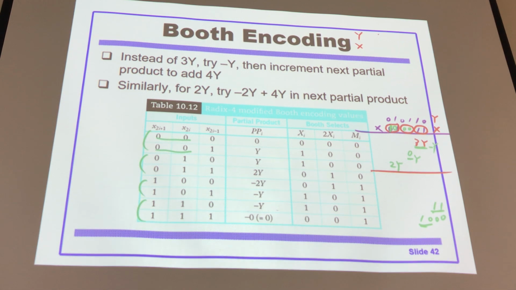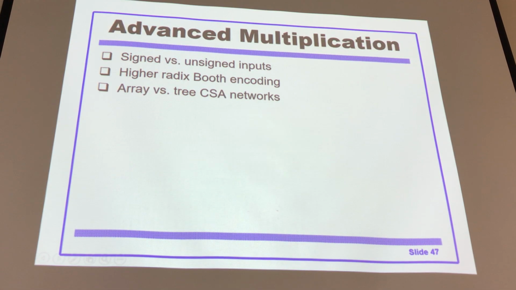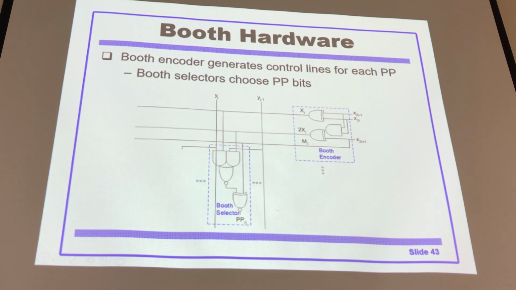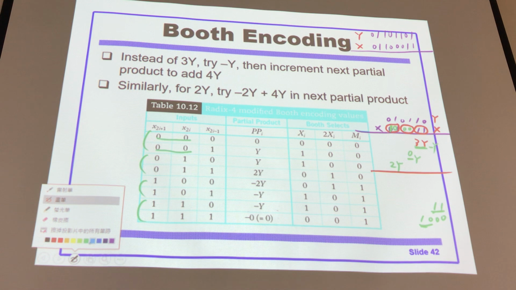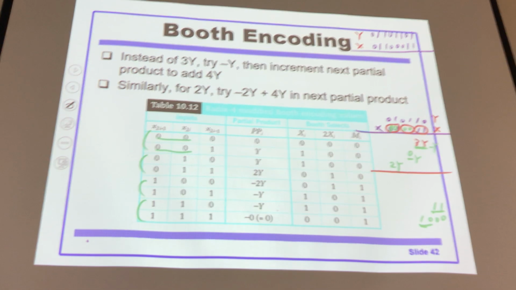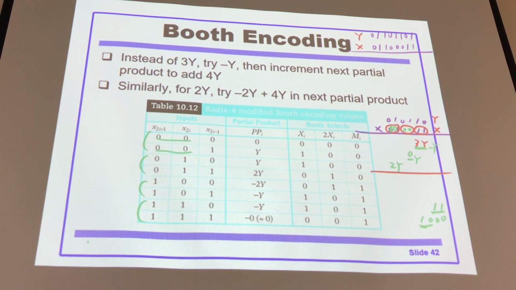And the number, let's give it a bit. Again, 2 bits at a time. Two bits at a time.